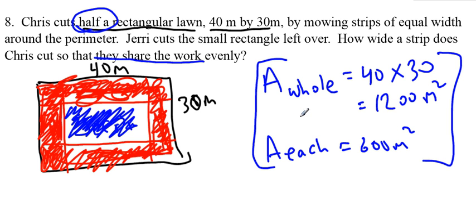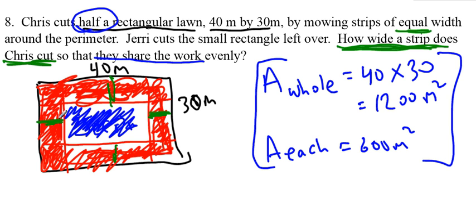So how are we actually going to approach this? Well, we always need to introduce an unknown. So we have to have some sort of variable. If I reread the last sentence, it says, how wide a strip does Chris cut? In other words, how wide does this red section that Chris is cutting have to be? And we're told that it's equal width.